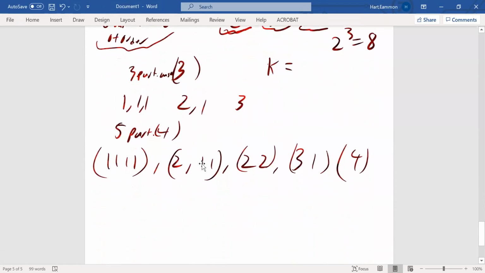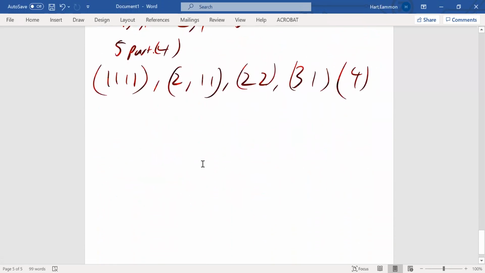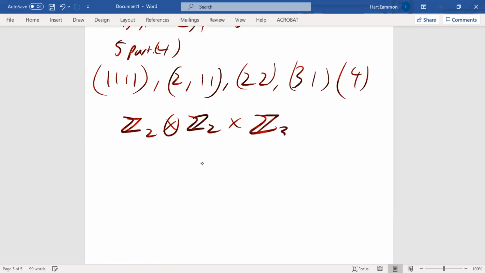And we can actually just list off all of those. So we can have Z2 cross Z2 cross Z3 cross Z3 cross Z5 cross Z5.